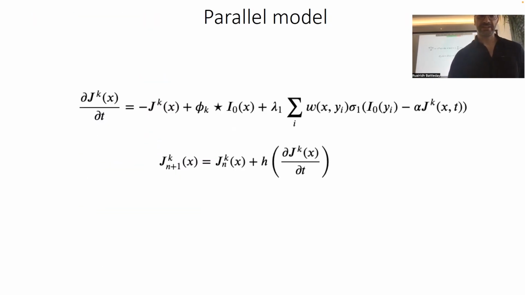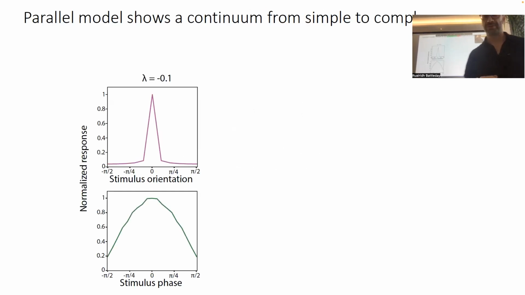So lambda is the contribution here for the nonlinearity. What we'll do is change lambda and see the behavior of the model. For lambda small, we see that the unit has a simple cell behavior. We see the orientation tuning curve on top.